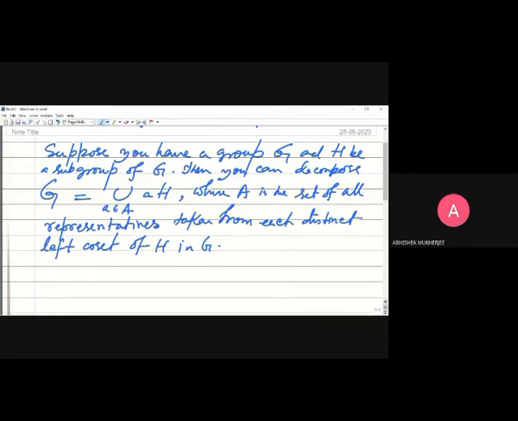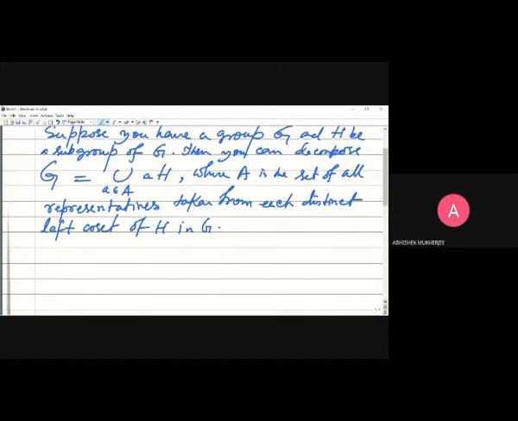Okay, and this idea will lead to count the total number of elements of a group whenever we are considering finite groups, and eventually the number of elements of a finite group G will be equal to the sum of those in the cosets of a subgroup.